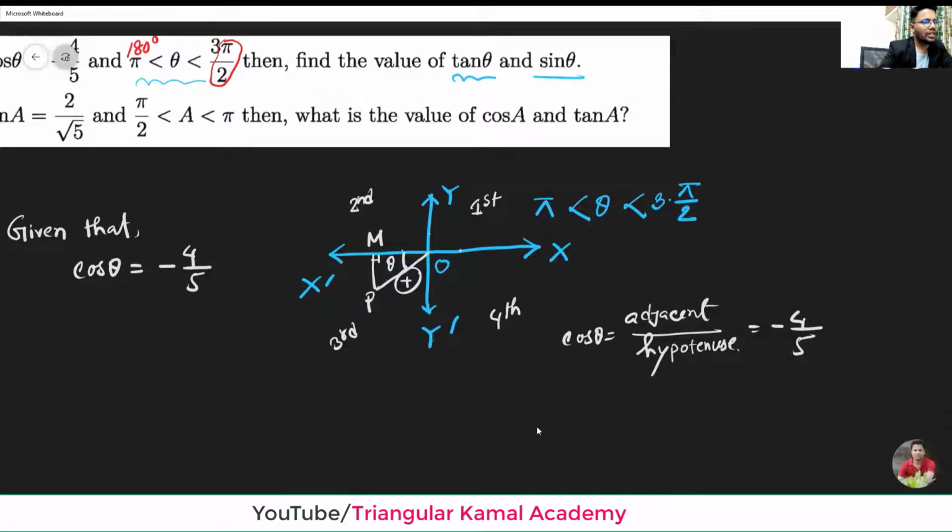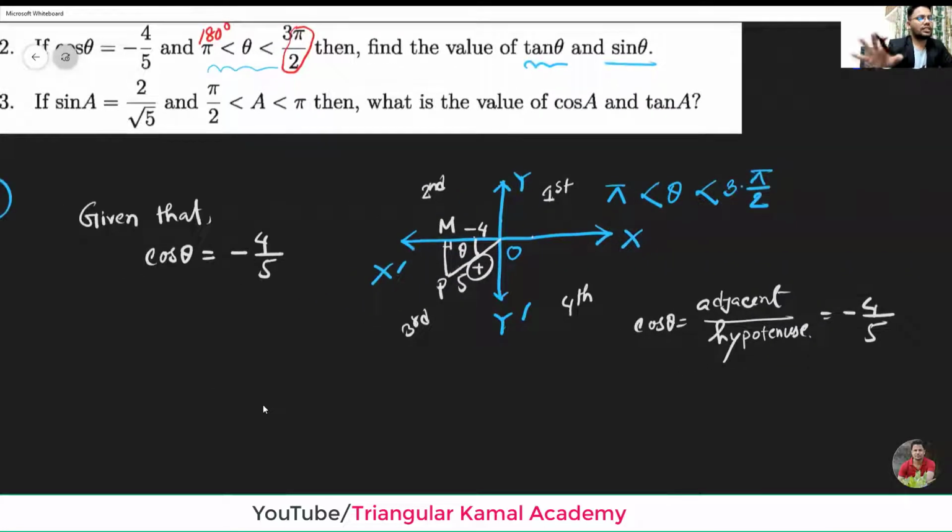In the third quadrant, adjacent means OM. OM is the negative side of the x-axis. That means this one must be negative. So here we can write adjacent is minus 4, and adjacent by hypotenuse, hypotenuse is plus 5. So in the third quadrant, adjacent is negative and hypotenuse is positive always.